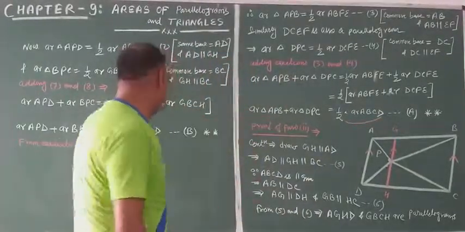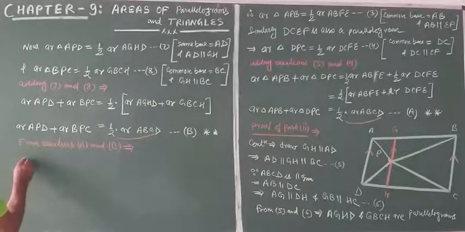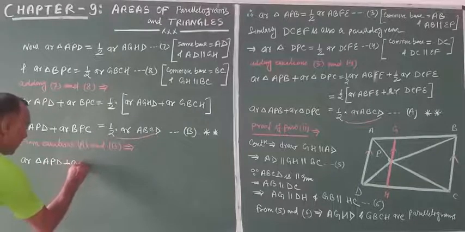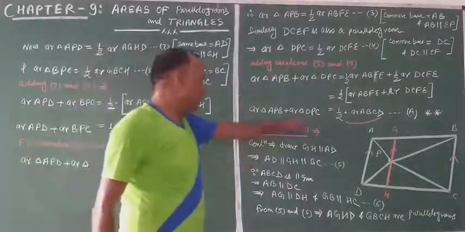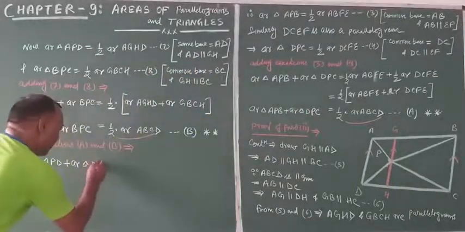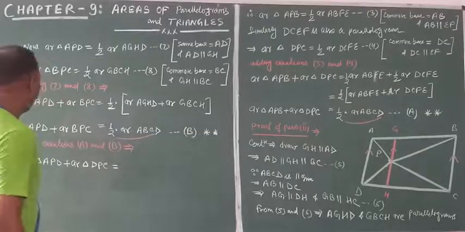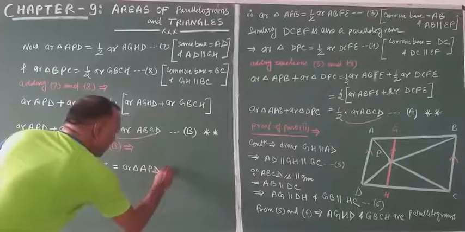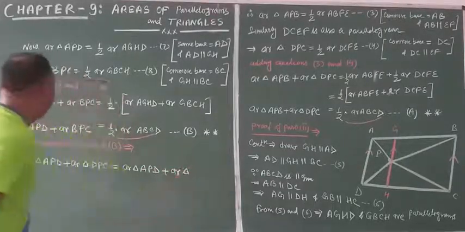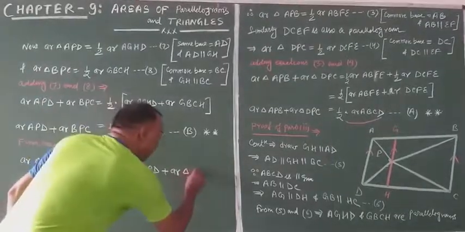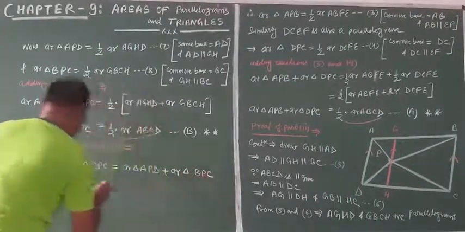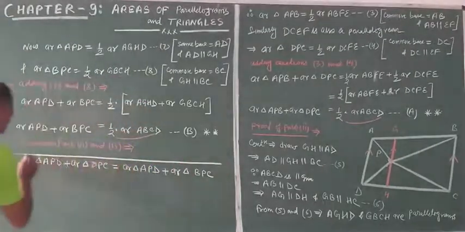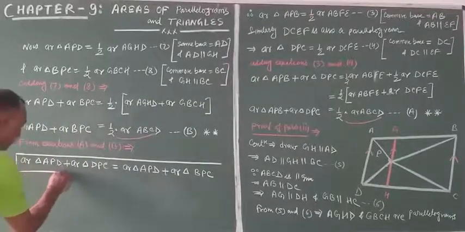Area of triangle APB plus area of triangle DPC will be equal to area of triangle APD plus area of triangle BPC, and this is the proof of the second part. This is the proof of the second part of the question.